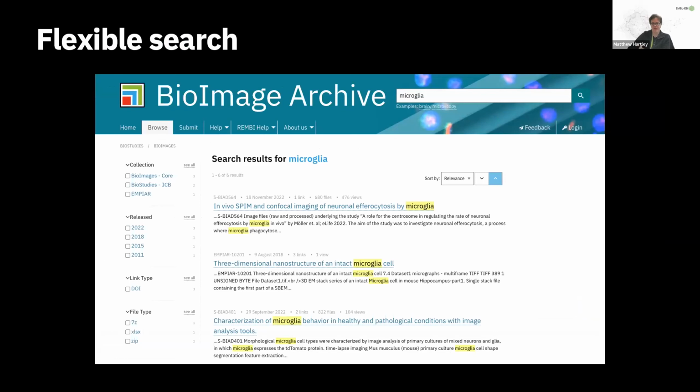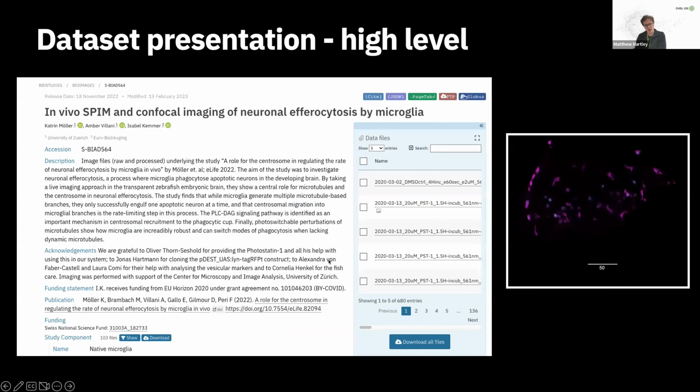So we have a fairly flexible search system that combines both free text search and searching for more specific facets of data. And it actually searches across both the BioImage Archive and EMPIAR. And there's an example here of this searching for microglia, which includes not only imaging data or light microscopy data sets, but for example, structural biology related data in EMPIAR.